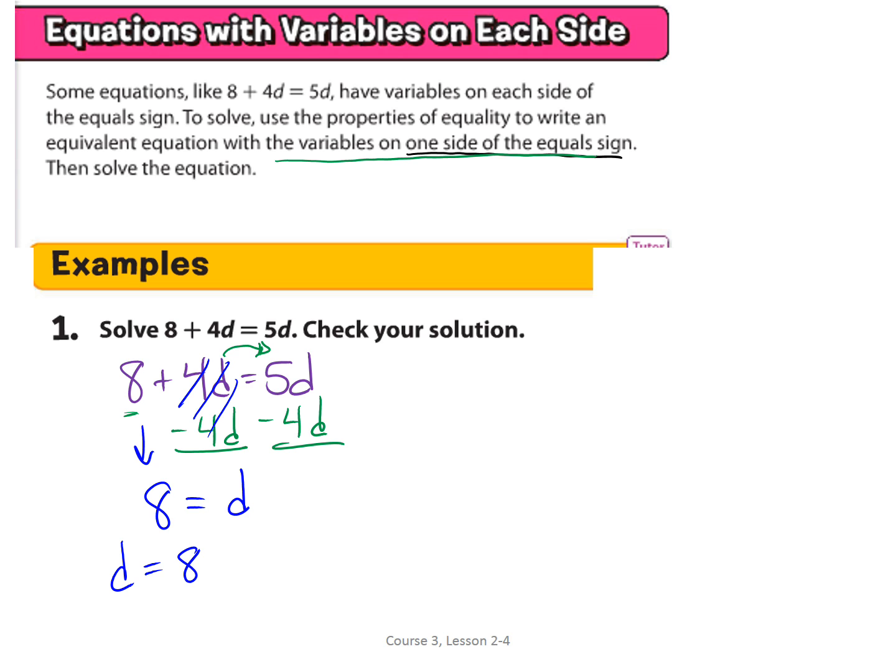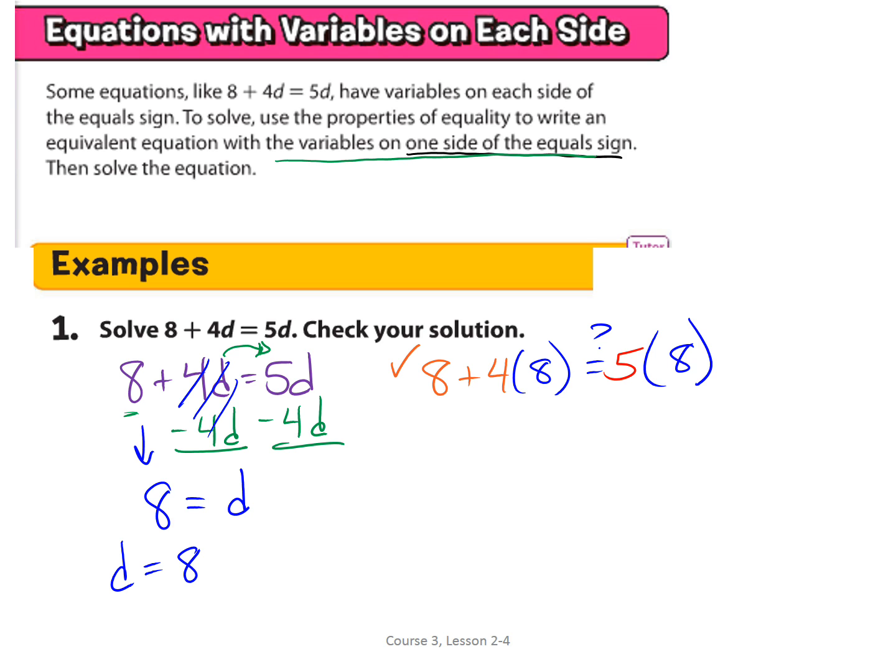Let's check this. Remember to always check. My original equation: 8 plus 4 times 8, does that equal 5 times 8?